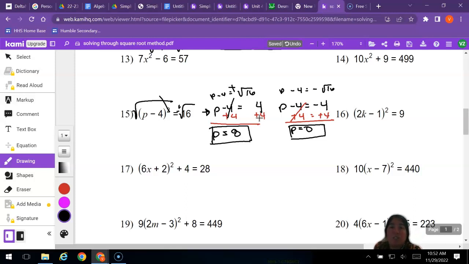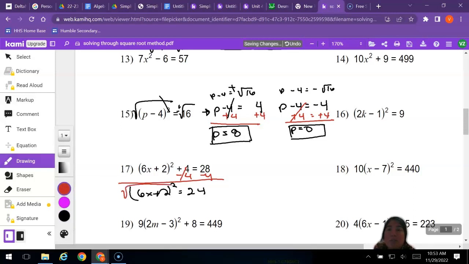So let's look at 17 real quick. I have this squared, but it's got plus 4. So what I'm going to do is subtract that 4. And I got 6x plus 2 equals 24. And I got to square root it.